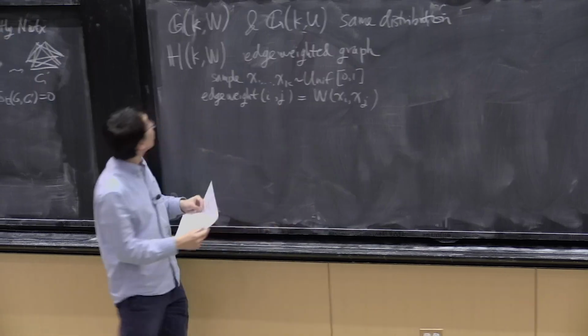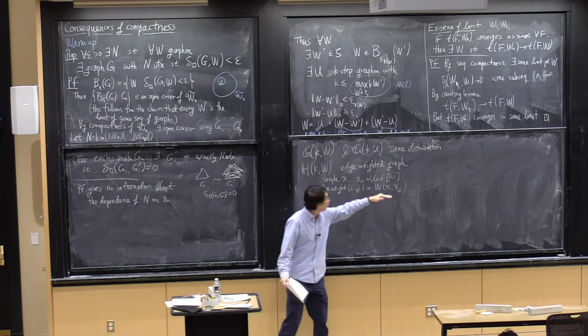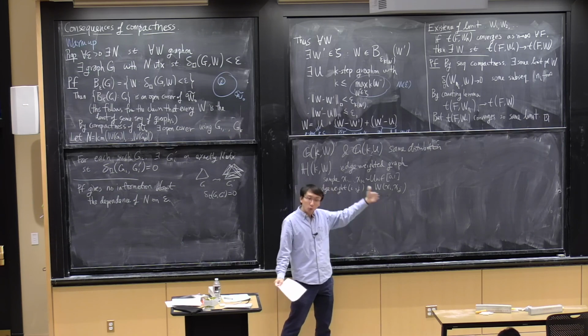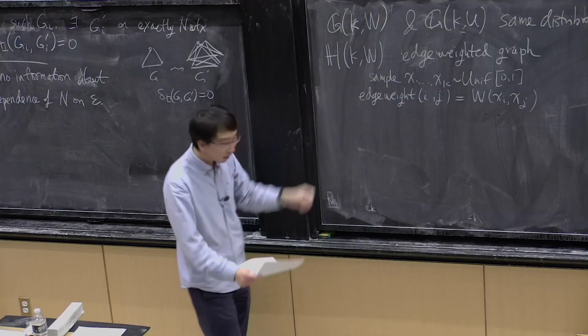So the difference between this H version and the G version is that the G version is obtained by turning this weight into an actual edge with that probability. But if I don't do the last step, I obtain this intermediate object.